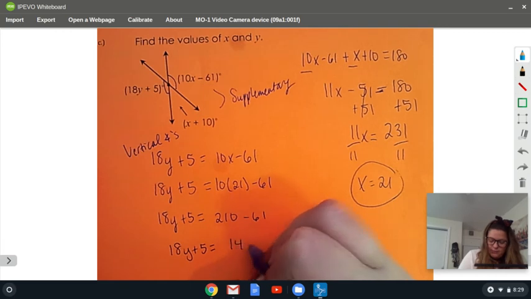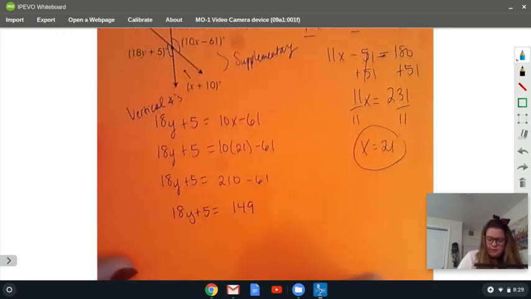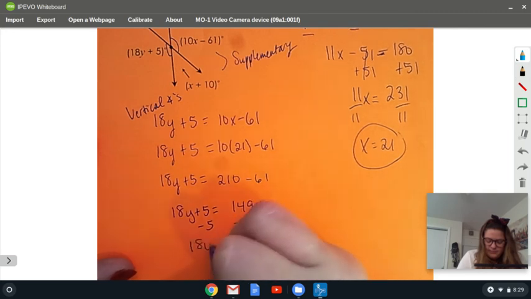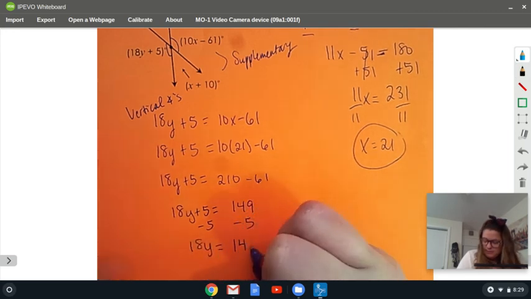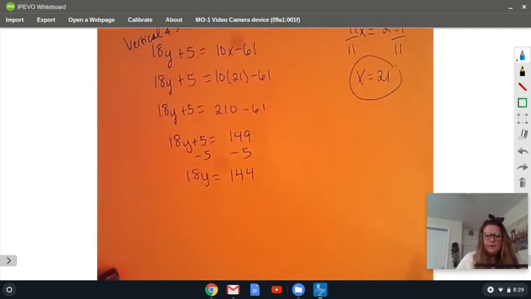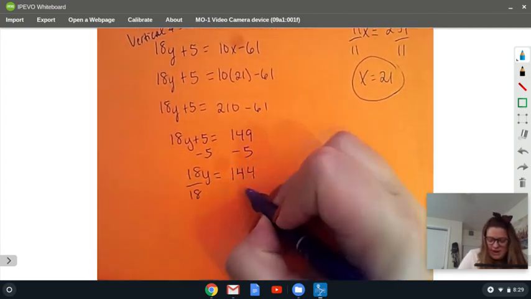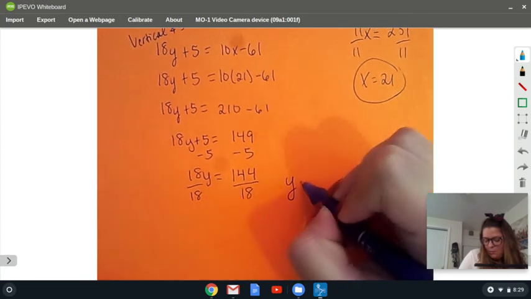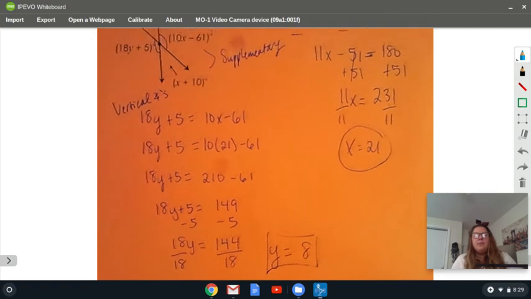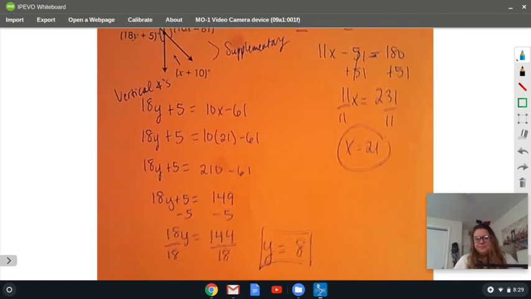That gives me 149. And then I'm going to subtract 5. Get 144. And then I'm going to finally divide by 18, and I get that y equals 8. So I've now solved for my x and my y.